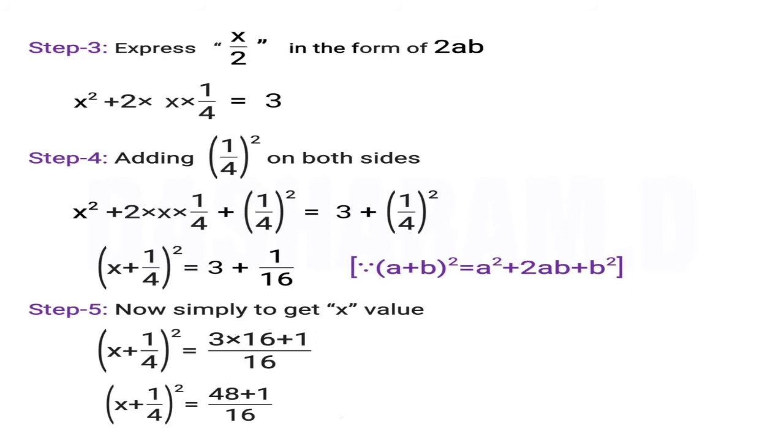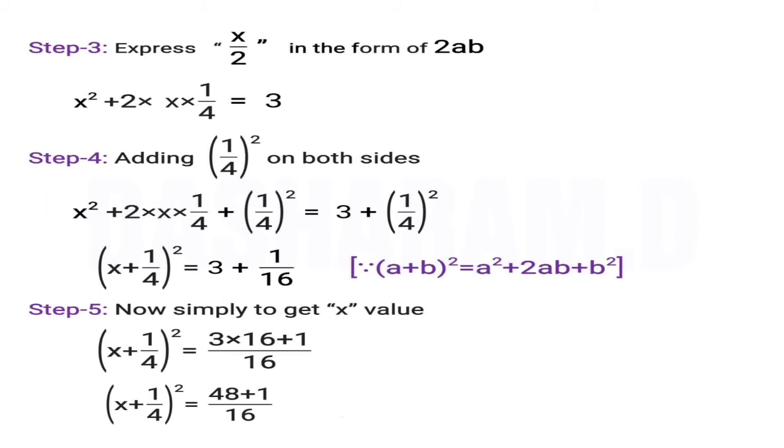Now observe the LHS: x² + 2 into x into 1/4 + (1/4)². It is exactly in the form of a² + 2ab + b², which equals (a + b)². So then (x + 1/4)². Now simplify the RHS: 3, here 3, and (1/4)² is 1/16. So this is step 4.